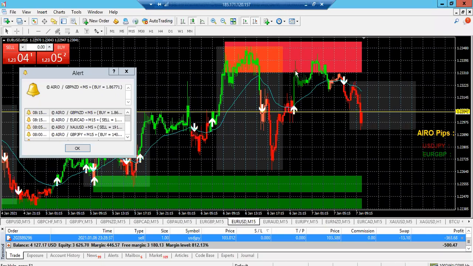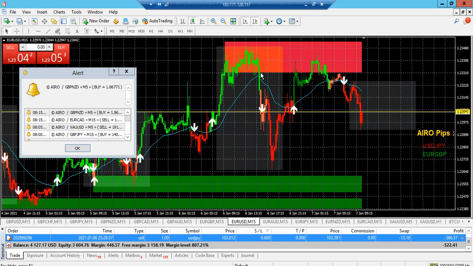Since we are placing a sell trade, what we have to do right now is calculate how many pips it takes before we get to 10% of our account. So if I divide $412, which is 10% of 4,127, by $1 each, which is one micro lot, or if you divide it by 5 micro lots, it's going to be 82 pips.